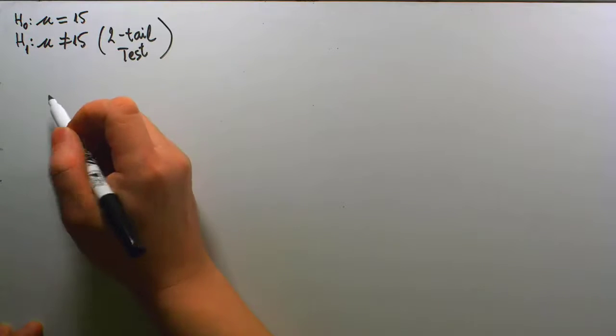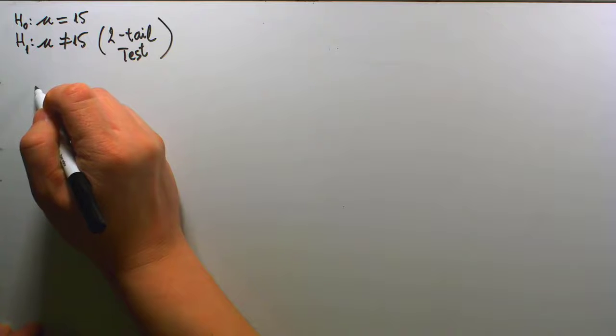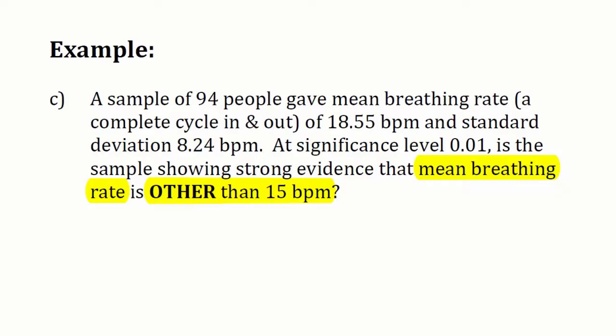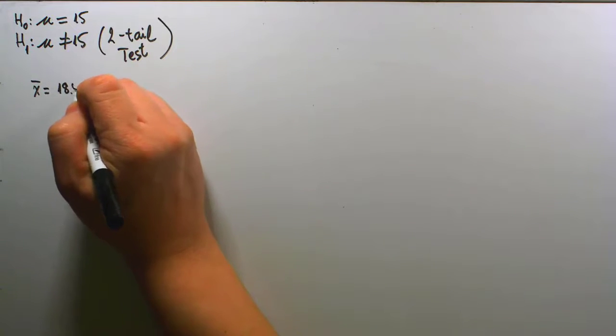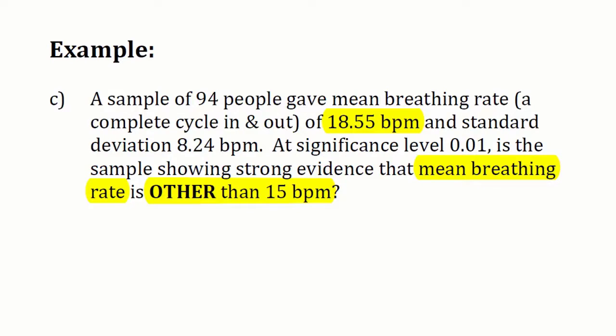And so now, our sample mean this time, according to the wording description here, we have a sample mean of 18.55 breaths per minute. And so x bar here is 18.55. From the same sample, we also have standard deviation being 8.24 breaths per minute.